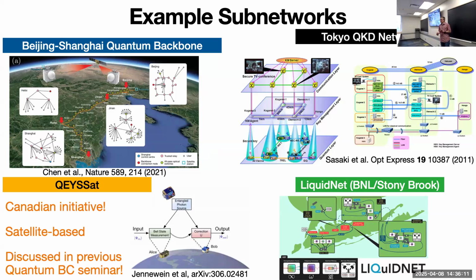One is Stony Brook, and the one I'm most excited about, that we heard about 2 months or so ago, is QEYSSat, the Canadian push that Thomas Jennewein talked about in his talk. But the Beijing-Shanghai quantum backbone is already in operation. It's distributing secure keys among itself without quantum repeaters.